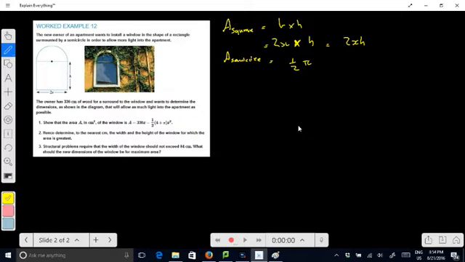In this case, we've got 2x as the diameter, so the radius is half of that, just x. So half pi r squared is half pi x squared. So the total area of the window is going to be our 2xh plus our half pi x squared.